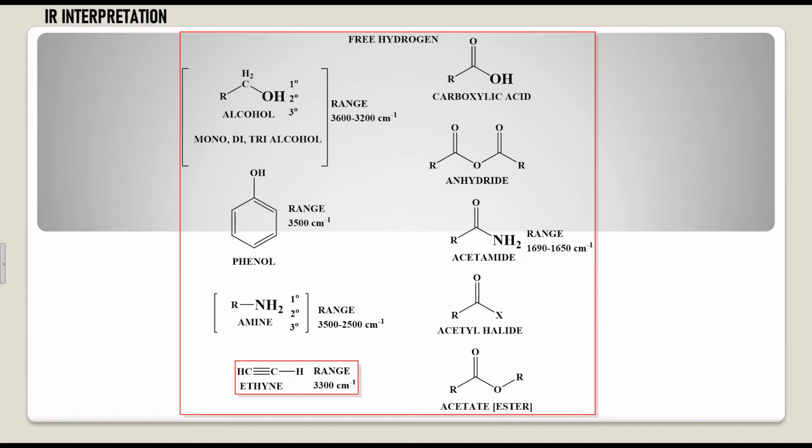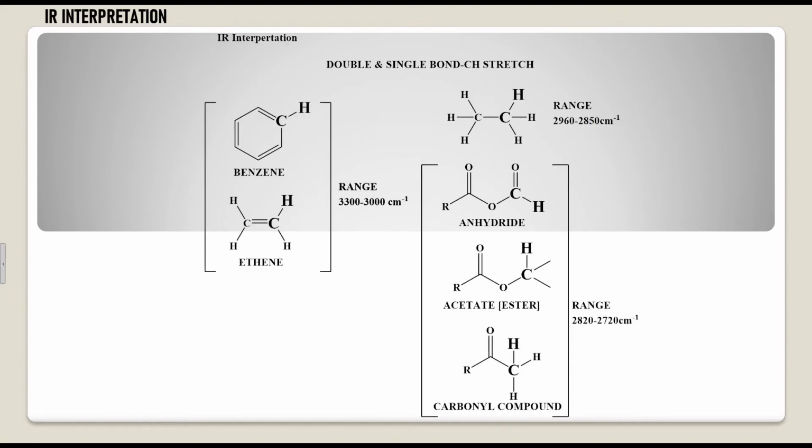If any triple bond CH is present in the compound, then it comes at 3300 centimeter inverse. For double and single bond CH stretch, you can expect ethene, benzene CH, and again anhydrides, acetate, carbonyl compound. See here, anhydride, acetate, carbonyl compound, these all have CH.